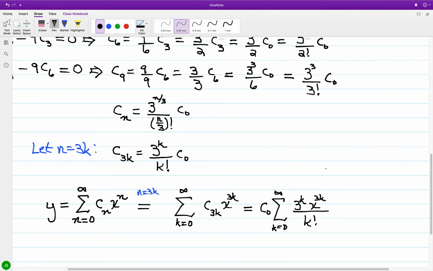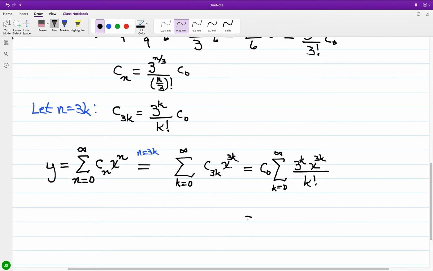And if I condense together, what's going to happen? So we got c naught times the summation as k goes from 0 to infinity. And I can go ahead and compile together in the power of k. So I have 3 to the k power. And notice that for x to the 3k, if I think of the power property, you see we have x cubed to the k.